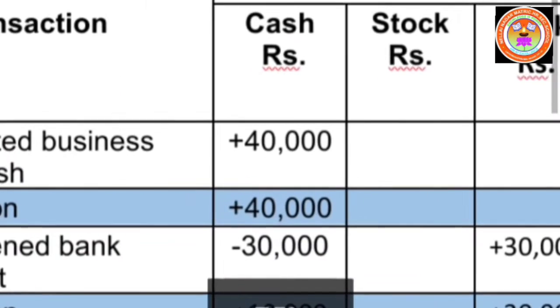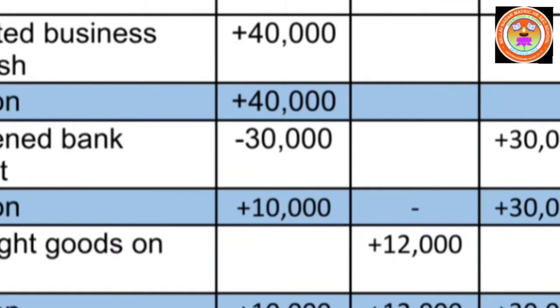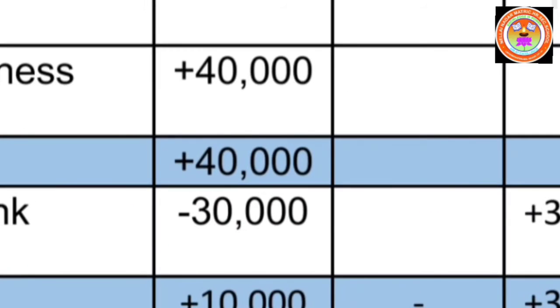Do you understand, children? If the transaction increases the asset or liability, you should put plus. If the transaction decreases, you should put minus before the amount. Here, cash balance increases. So write plus 40,000.